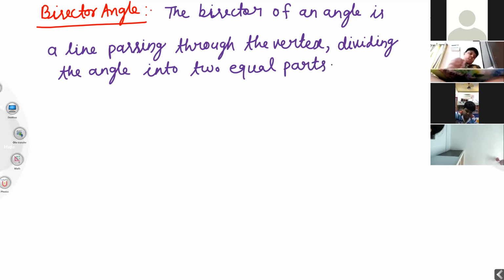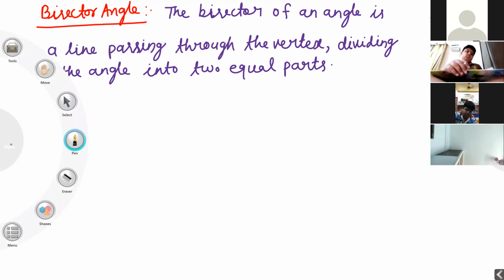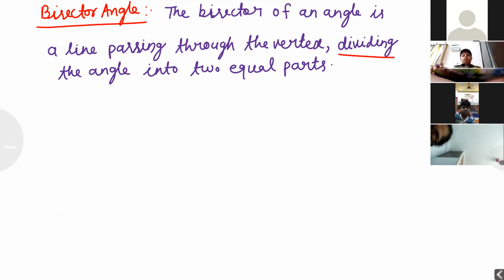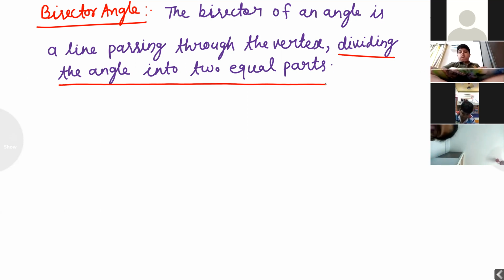This line is a very important line. The bisector of an angle is the line passing through the vertex, dividing the angle into two equal parts.